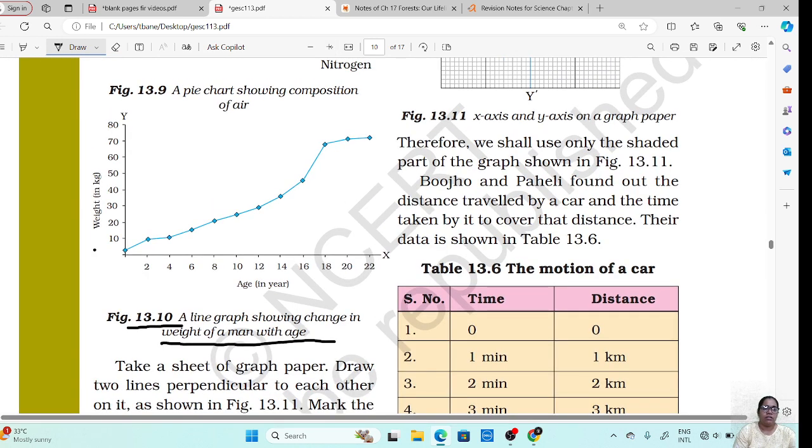The y-axis is representing the weight in kgs, and the x-axis is representing the age of the man in years. This graph is giving us data of the man's weight which is increasing with age. Okay, so when he was 2, his weight was 10 kg.